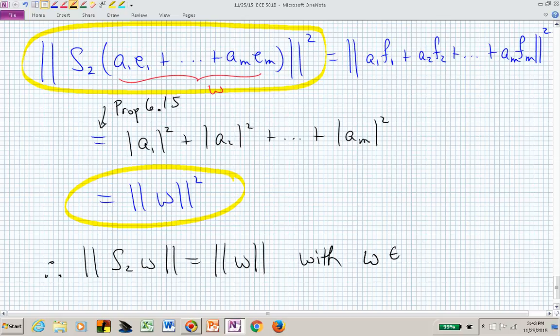That's now an element of the orthogonal complement of the range of the positive square root of T dagger T.